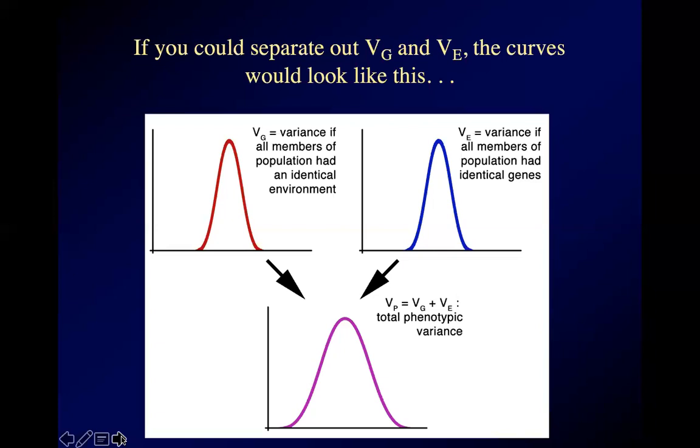And then in a natural population, the total phenotypic variance would be the sum of those two: the variance due to genetic variation and the variance due to environmental differences.